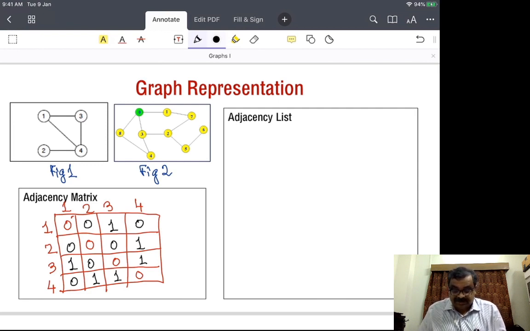The other representation, which is especially useful when there are many vacant places in the matrix, that means the number of edges is not as large, is called an adjacency list. For an adjacency list, we will show various ways to draw it. So we have an array of nodes. So this is node 1, this is node 2, this is node 3, this is node 4.